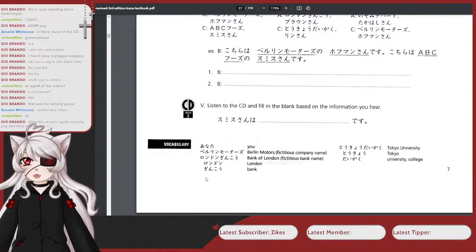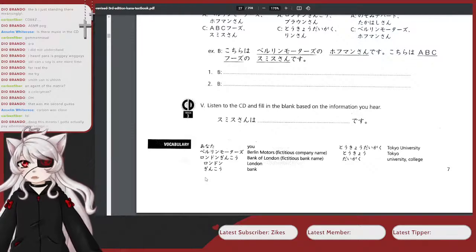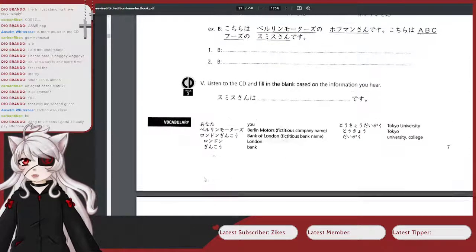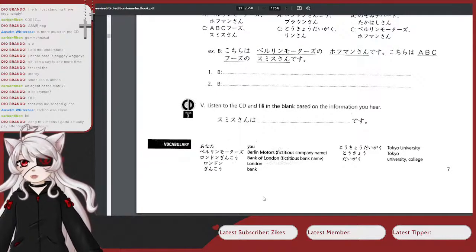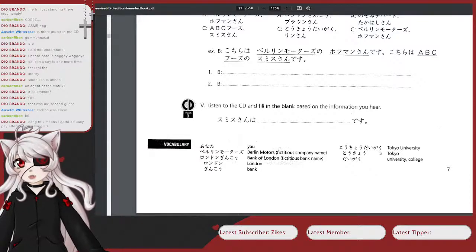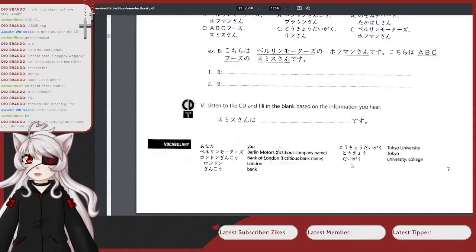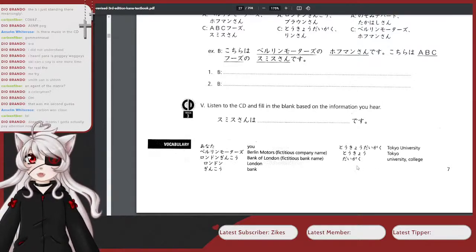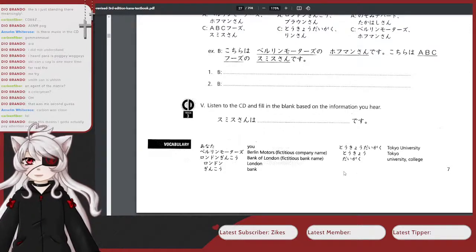Well, we've already been going for 2 hours today, so we're gonna pause at the end of here. Now we got Tokyo Daigaku, which is obviously Tokyo, and Daigaku is a university or a college.